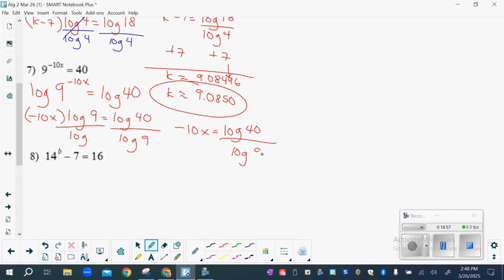I would say that one of the most common mistakes is students forget to put the log in front of this one here. So if you're making a mistake, that might be what you're doing. And then my last step, you guys know what the last step would be? Divide both sides by negative 10. So when you found your calculator, you can find out what the numerator is, and then just leave it in there and press divide by negative 10.